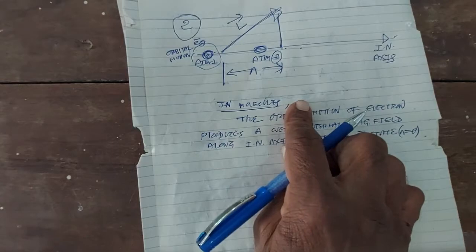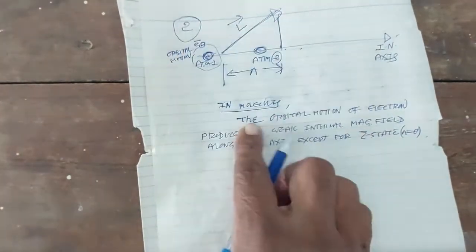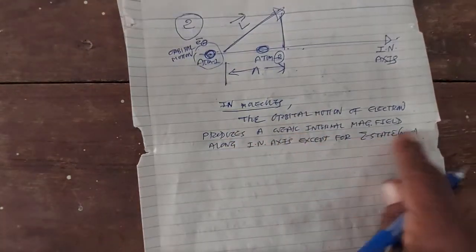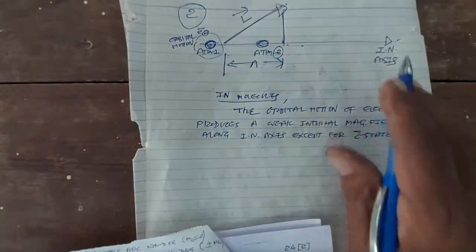So in a molecule, what are electrons doing? Electrons are doing the orbital motion, and due to the orbital motion of electron, they produce a magnetic field along the internuclear axis.